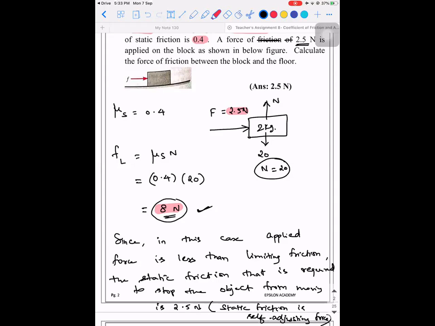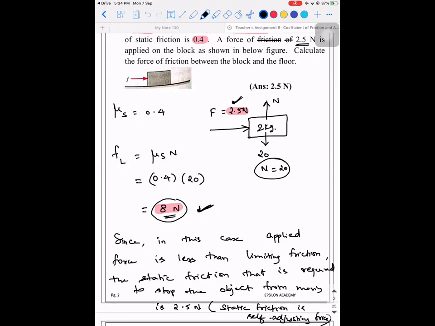Had it been 1.5 Newton, then the answer would have been 1.5 Newton, because you are applying a greater force, and the maximum force that the floor can offer is only 1.5 Newton. In this case, since it is 8 Newton, the amount of static friction that will come into play, because of its self-adjusting nature, is only the amount of external force applied on the object.